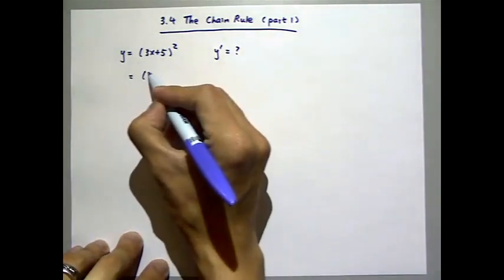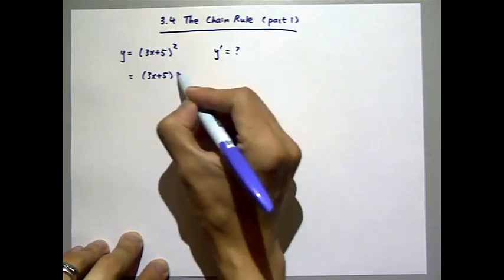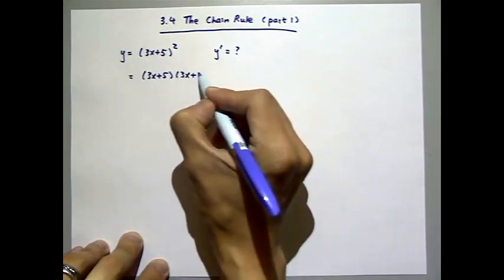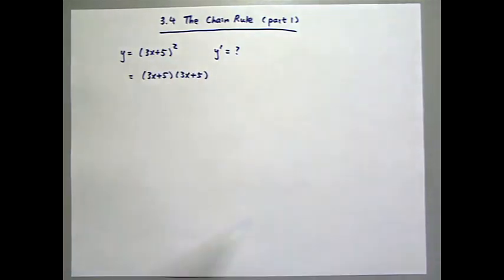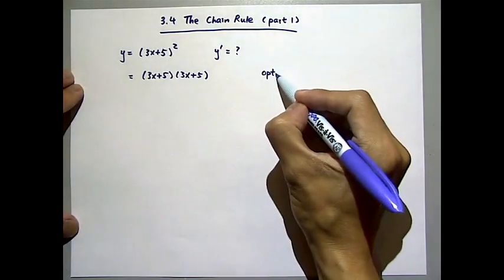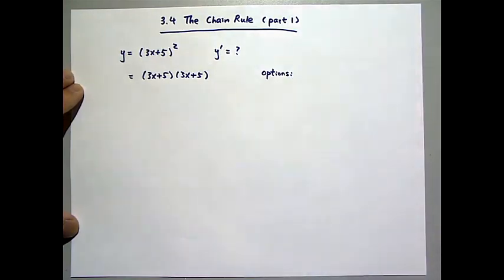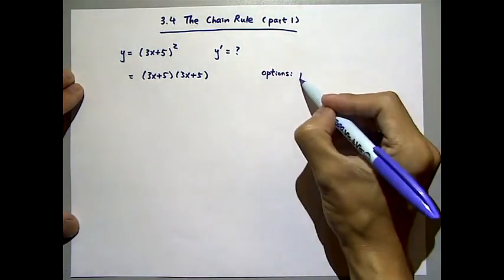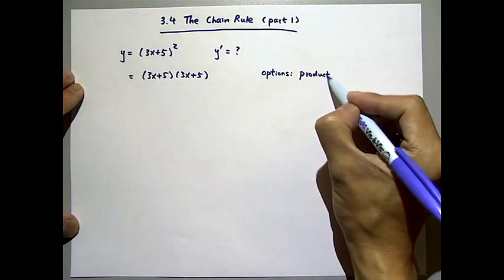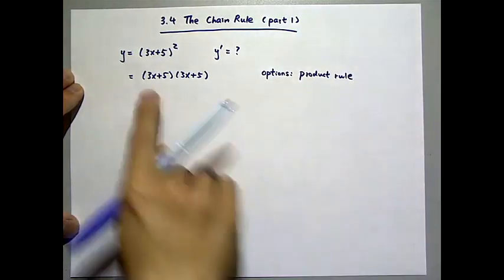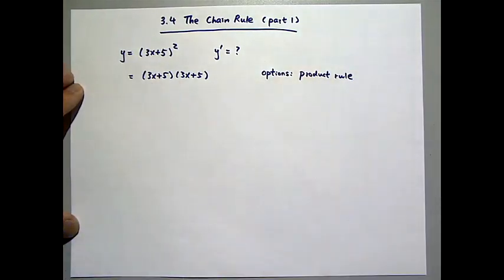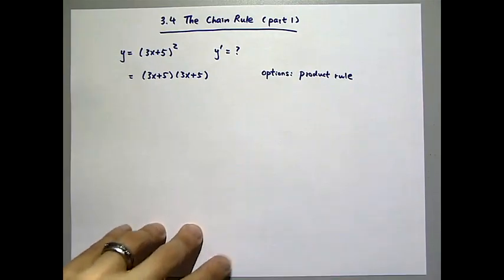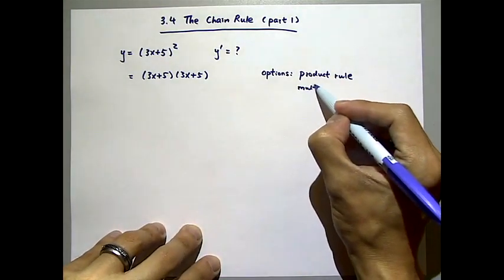One thing we could do is to rewrite it as 3x plus 5 times 3x plus 5. Then from this point on, I've got two options. I could use the product rule, first and second and all that stuff. That's perfectly fine. The second option is to multiply this out first.